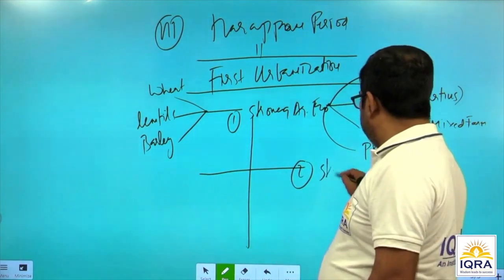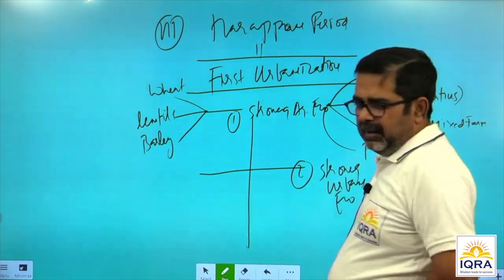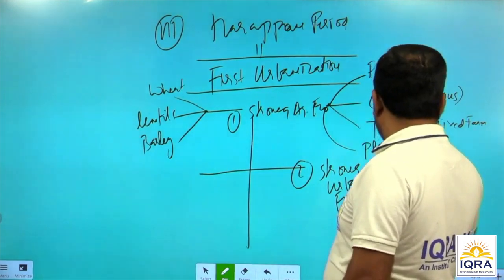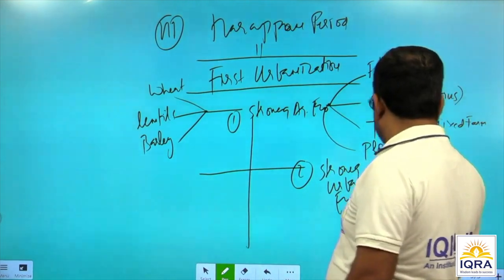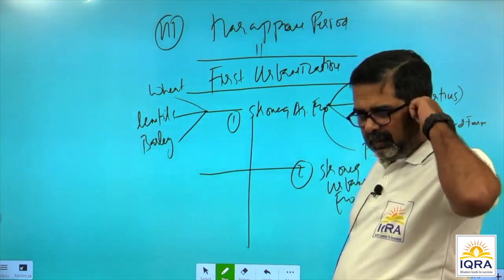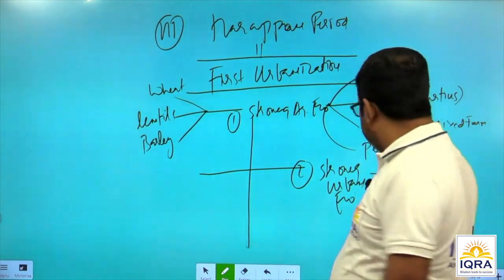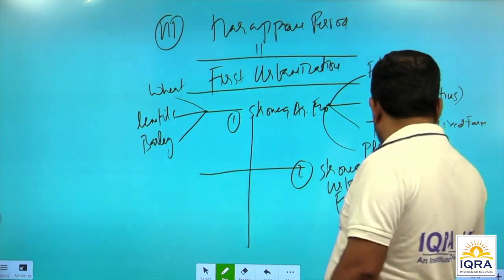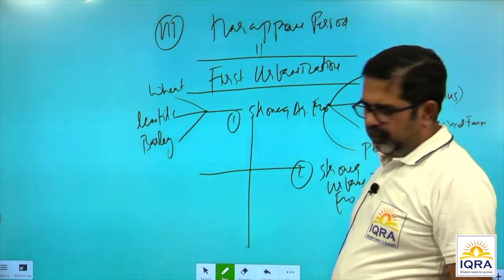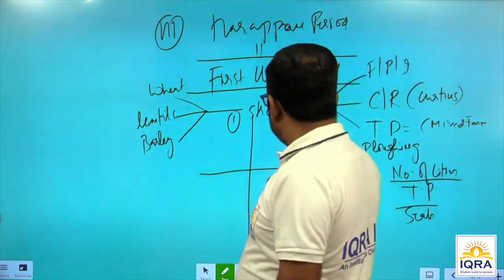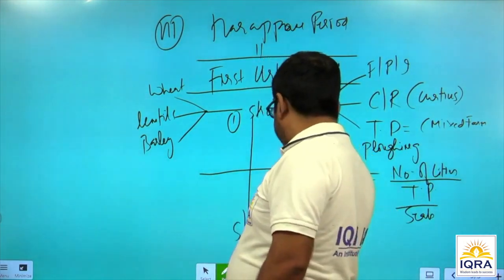Second, a strong urban economy. This is evident by the number of cities. Town planning. Seals. So, strong agricultural economy, strong urban economy based on strong trade and commerce.